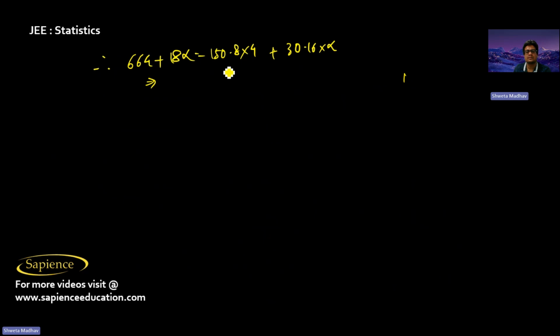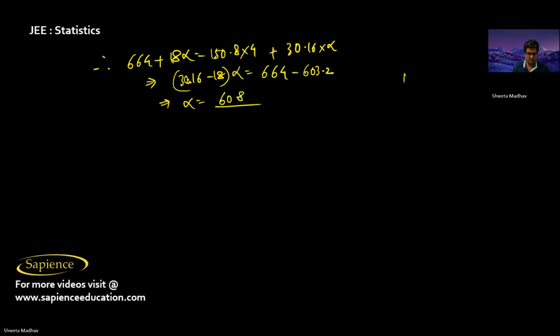Therefore, I can say this will be 30.16 minus 18 into alpha, that is equal to 664 minus 603.2, that is equal to 60.8, divided by 12.16.